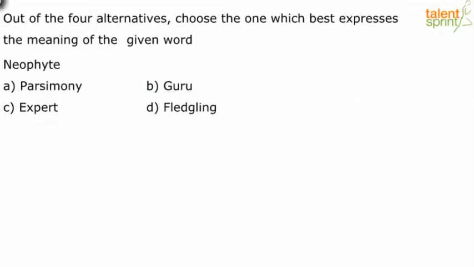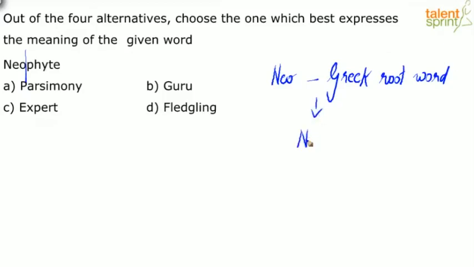So again, dissecting the word, we have neo. Now neo is again a Greek root word, right? Which means new and recent. Yeah? So when I'm talking about neo, I'm talking about the meaning is new.